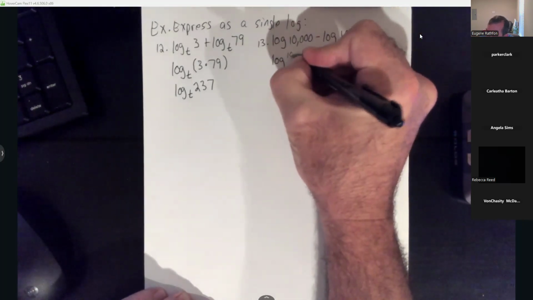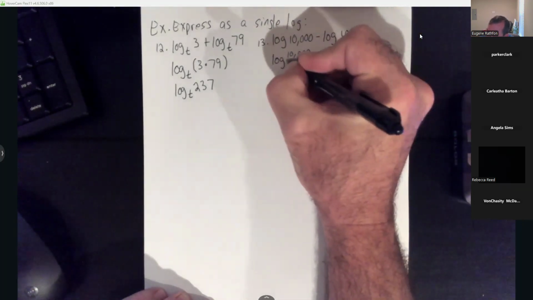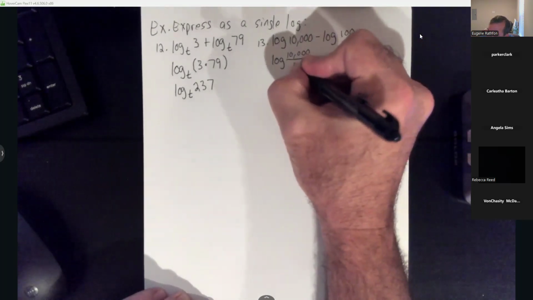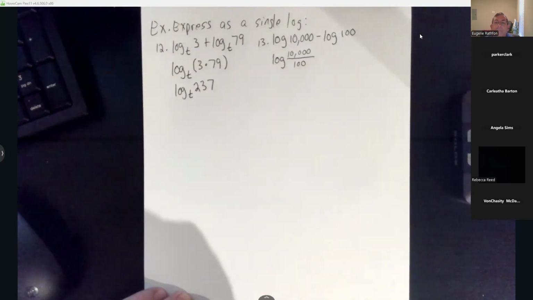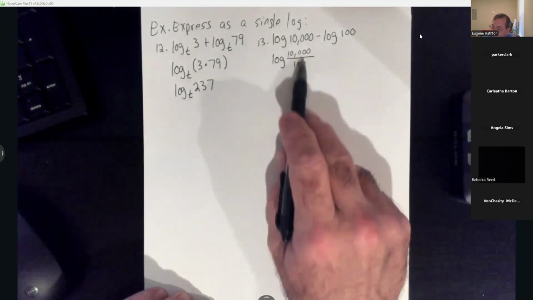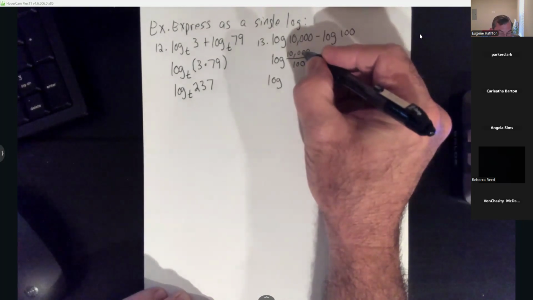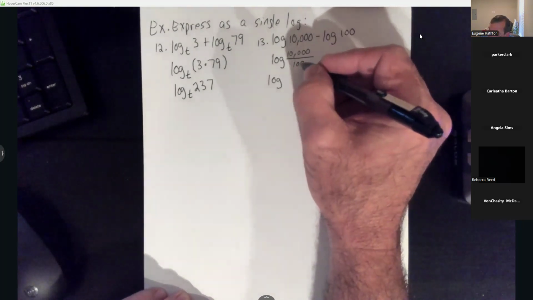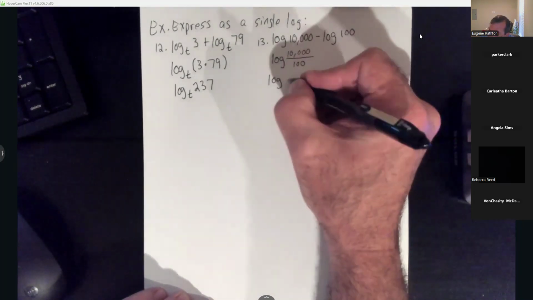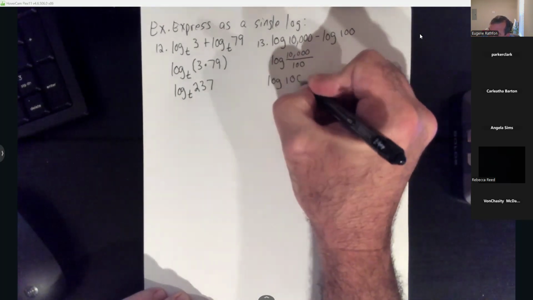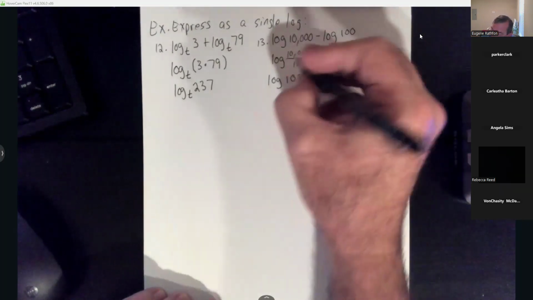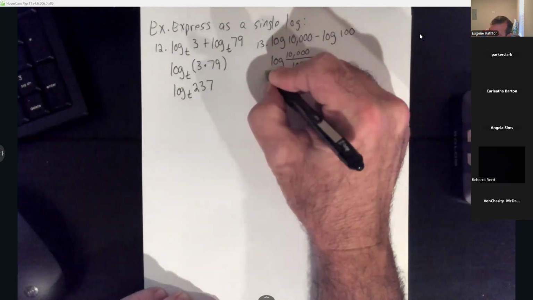So we'll have our 10,000 over our 100. So we can actually divide that. 10,000 divided by 100 gives me a log of 100. So that's the first answer you put in.